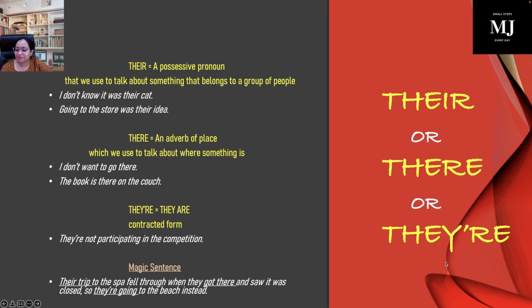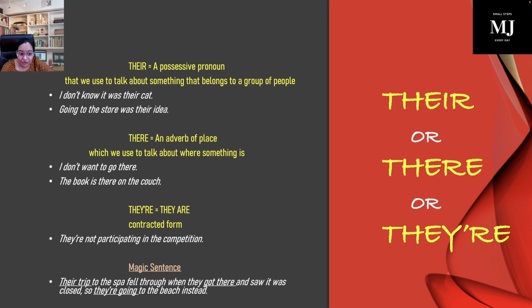Let's take the third one. They're. Now if you just see they apostrophe RE, this is actually a contracted form. We are taking two words and contracting them, combining them to make one. Now understand, guys, that this they're is spoken as there.